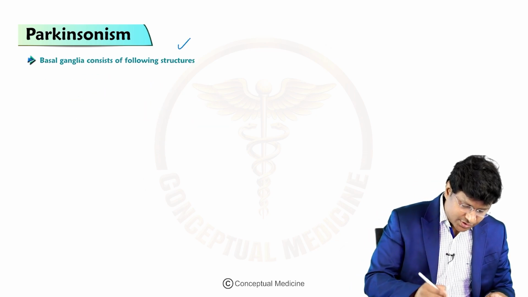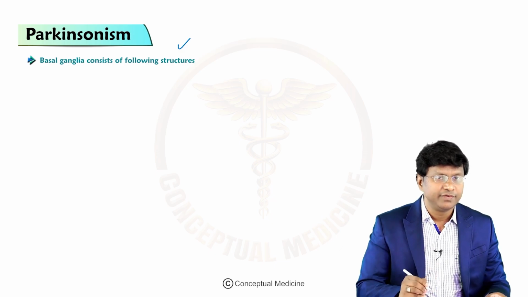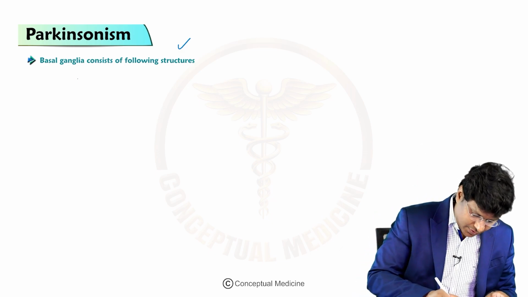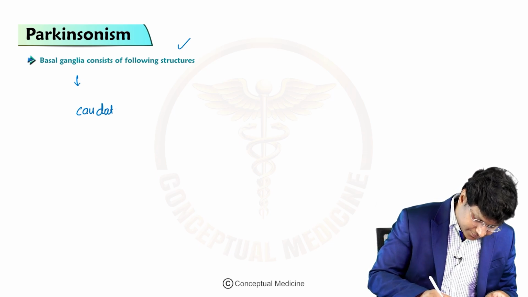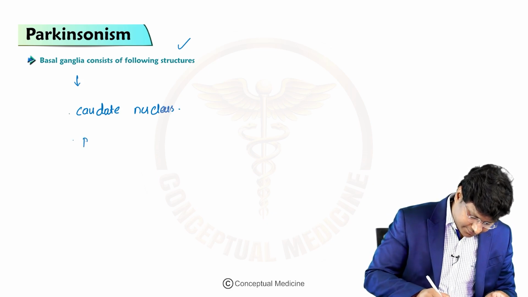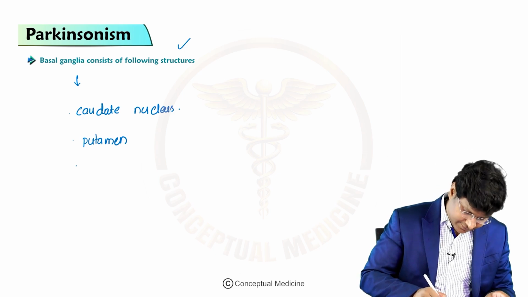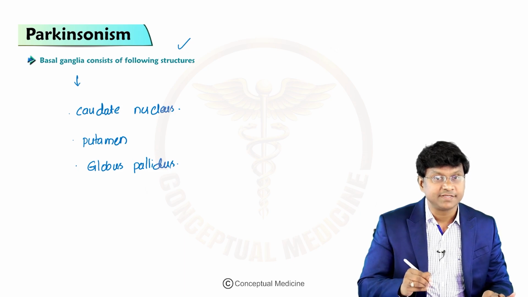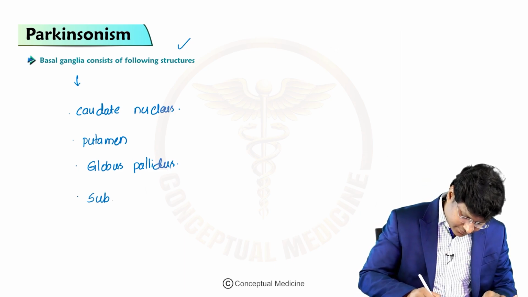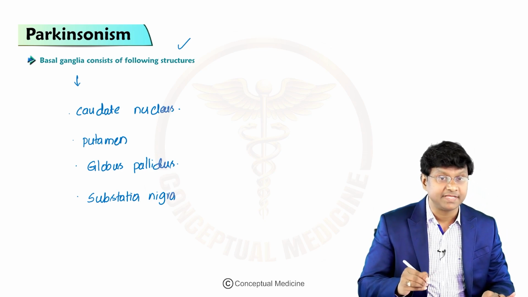Now, you need to know the components of the basal ganglia, and let me tell you exactly where the problem will be in patients with Parkinsonism. The basal ganglia consists of structures like the caudate nucleus, then the putamen, followed by the globus pallidus, the substantia nigra, and the subthalamic nucleus.